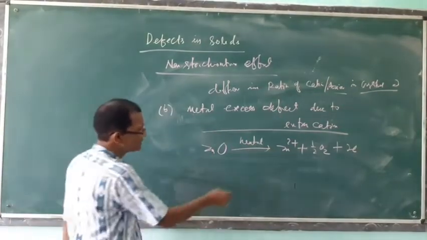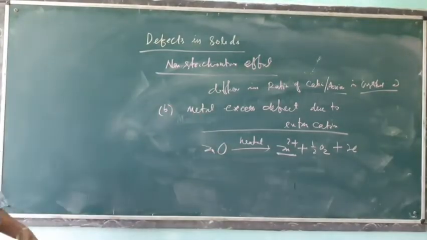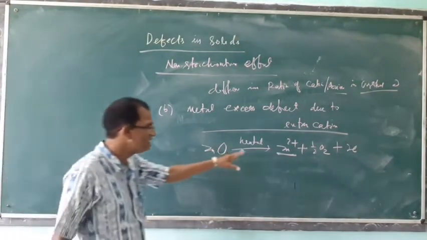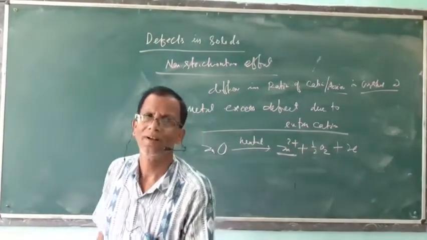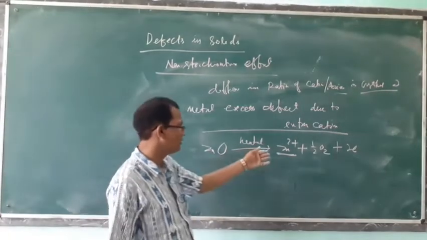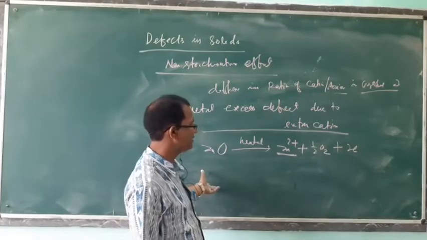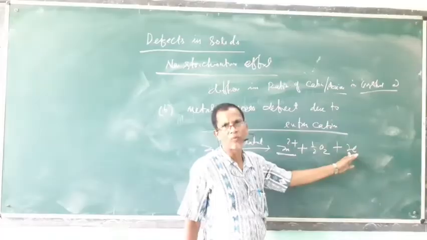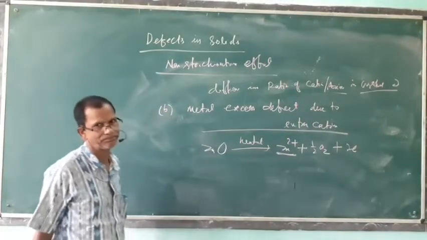When the zinc ion is formed during heating of zinc oxide, this zinc ion occupies the interstitial sites, the voids, and the electrons occupy the neighboring sites.